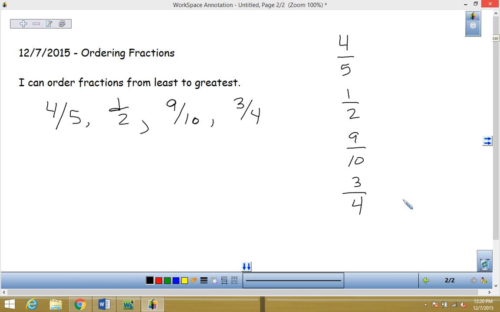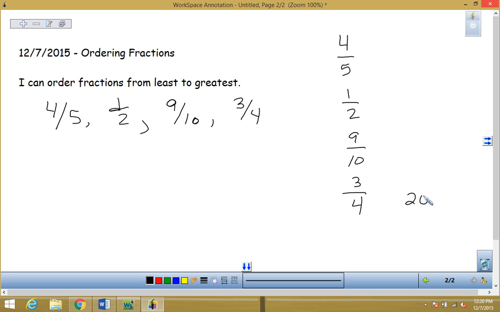So then if we're going to be writing our new fractions, then we're going to go out to the side, and give each one of these a new denominator of 20. Now, Topanga, you could use 40, and it would still work out for you, but if you were being asked to write it in simplest form, you would still have to go one step further and make those fractions smaller, okay?